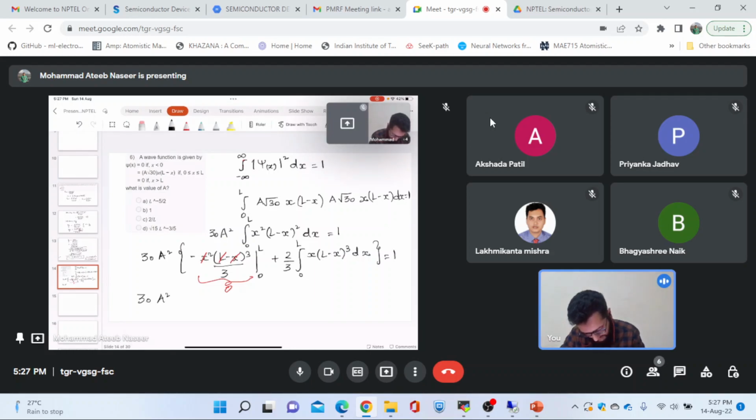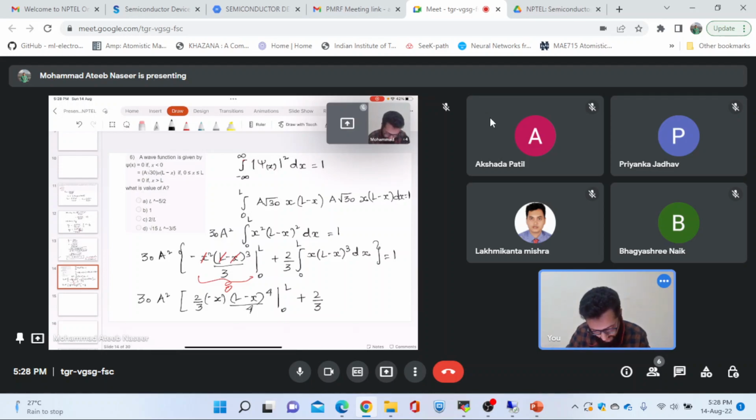This will simply be equal to minus 2 by 3 x times minus (L minus x) raised to the power 4 by 4 with its limits between 0 to L, and the other half will look like simply 2 by 3.